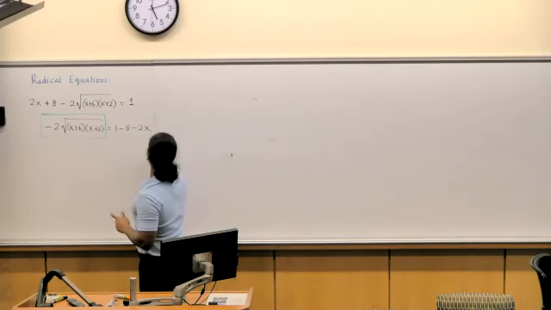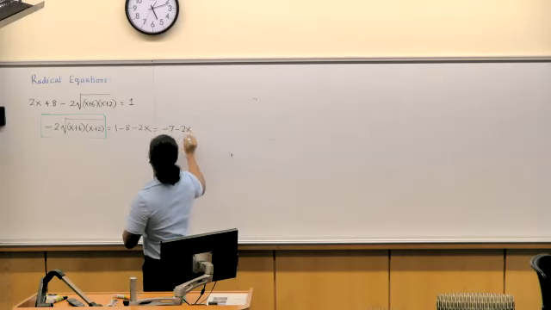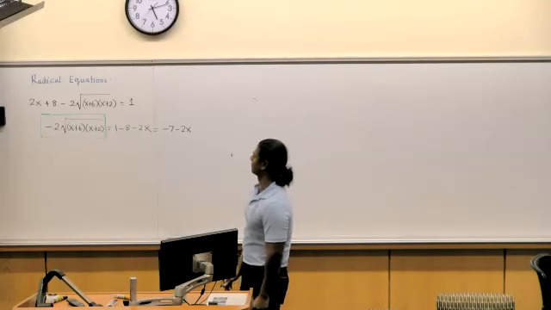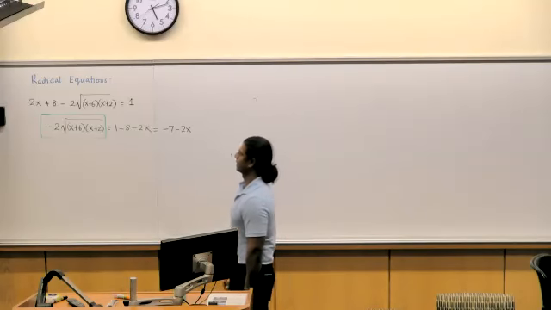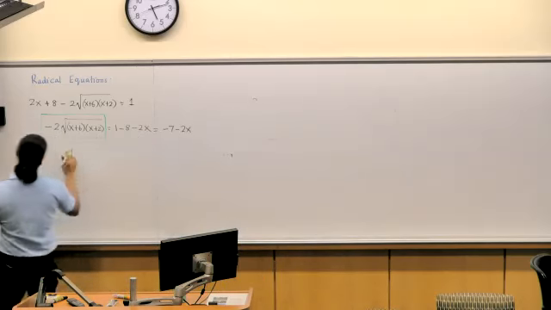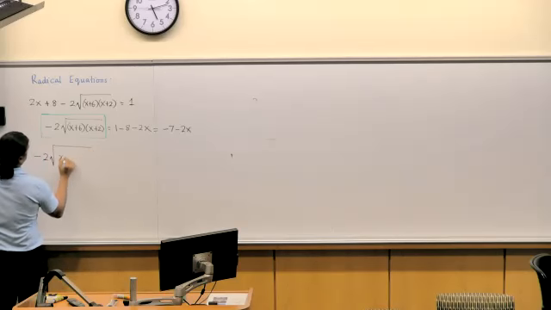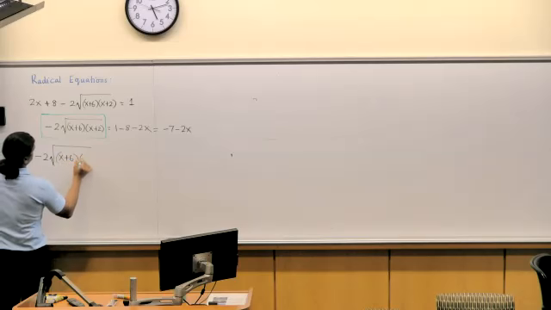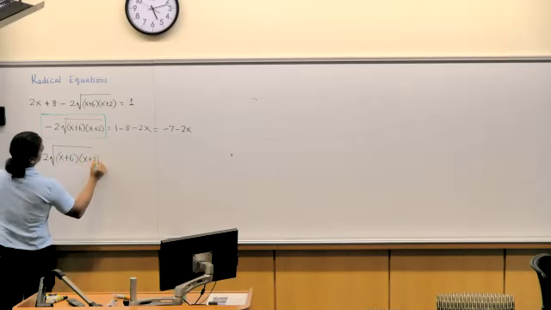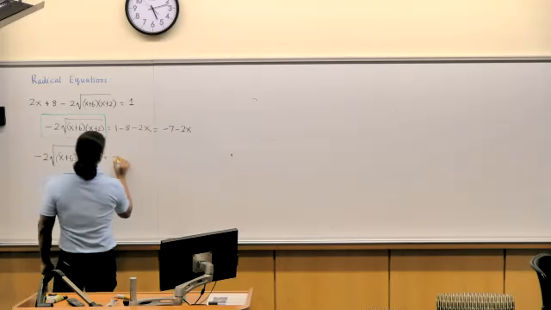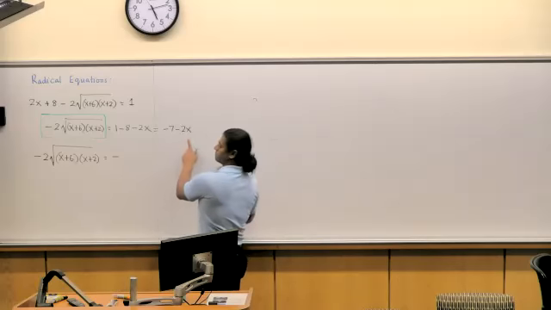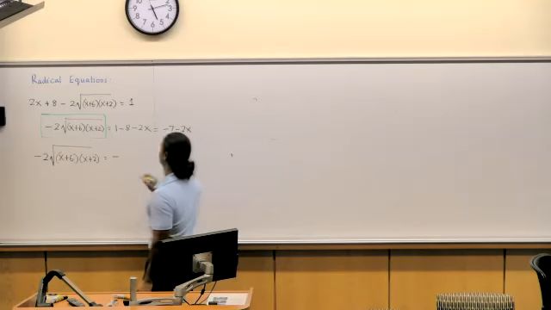So 1 minus 8 is minus 7, minus 2x. Good. So on the left-hand side, I have minus 2 root x plus 6 times x plus 2. On that side, I have minus 7 minus 2x.